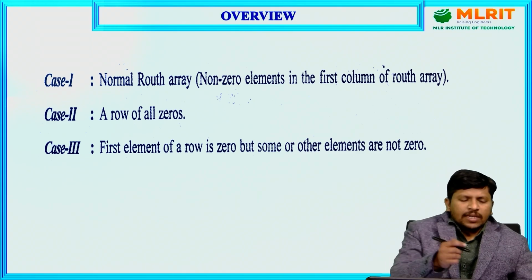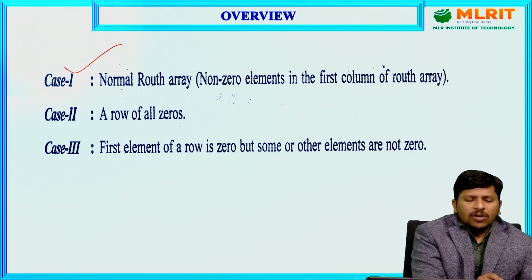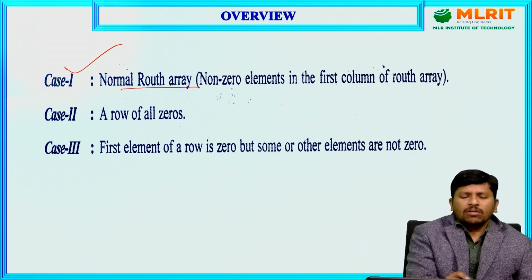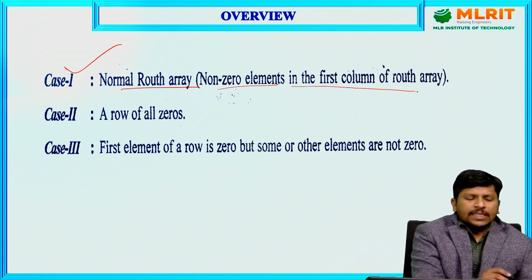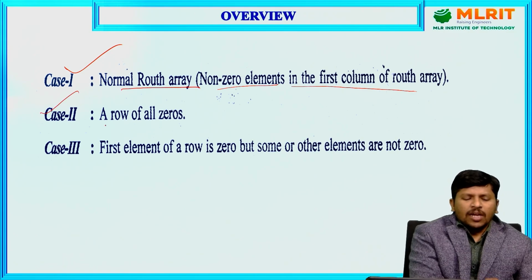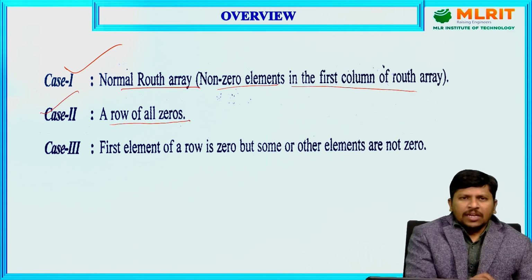The first case is the normal Routh array. That means there are no zero elements, only non-zero elements, in the first column of the Routh array. The second case is a row of all zeros. If any row of the array matrix has all zero elements, that is considered one case.